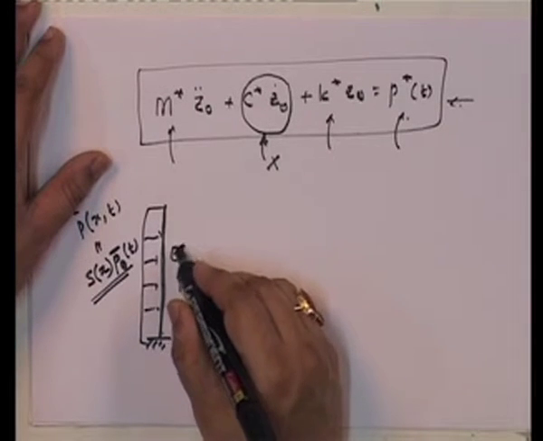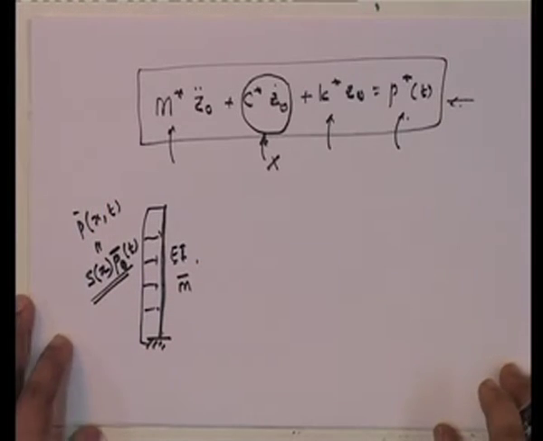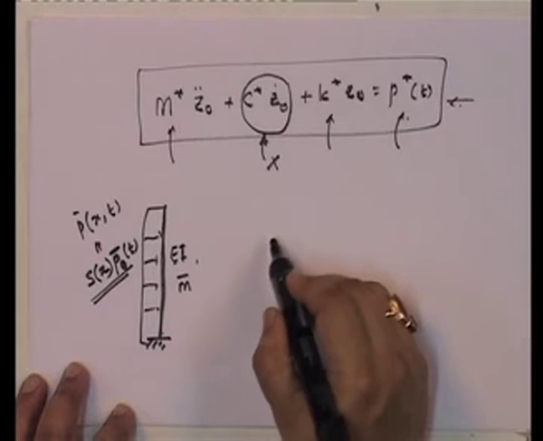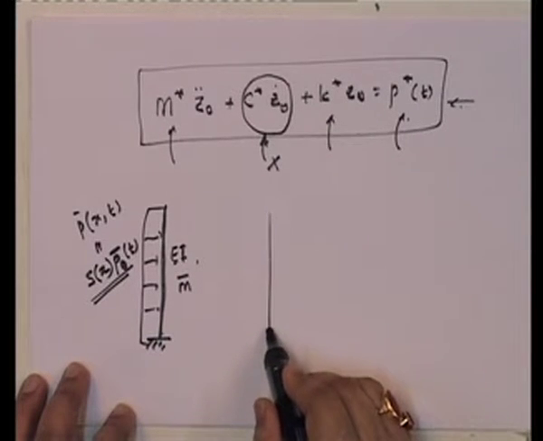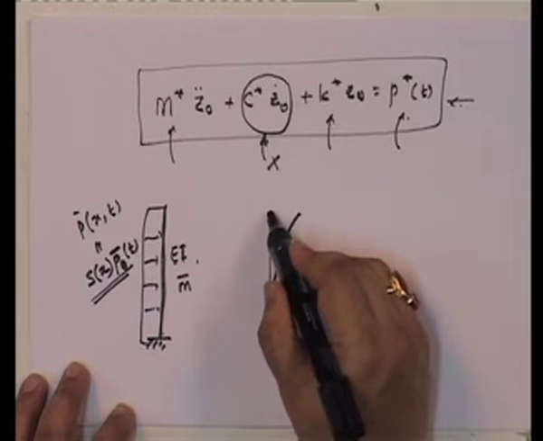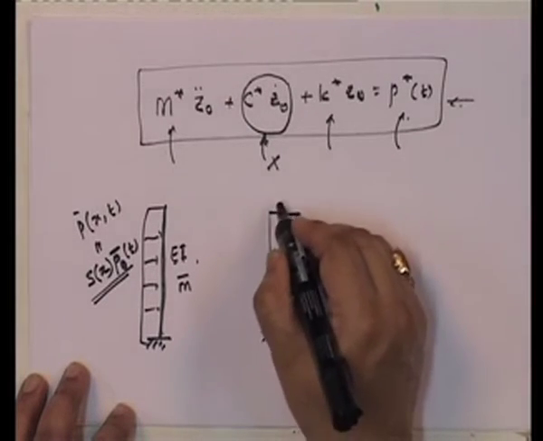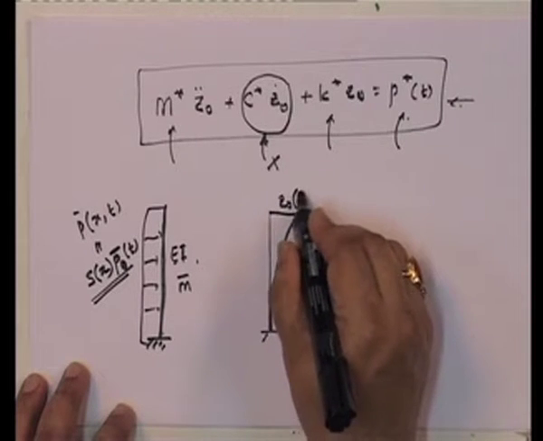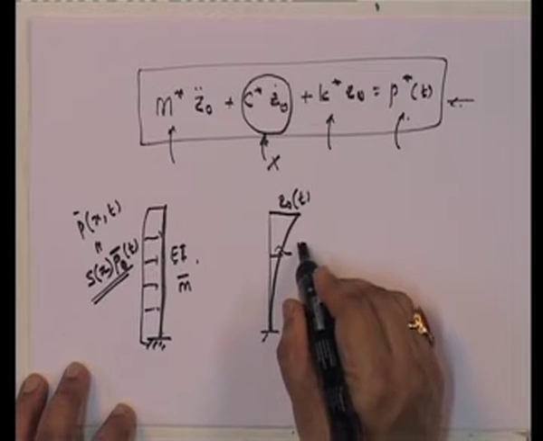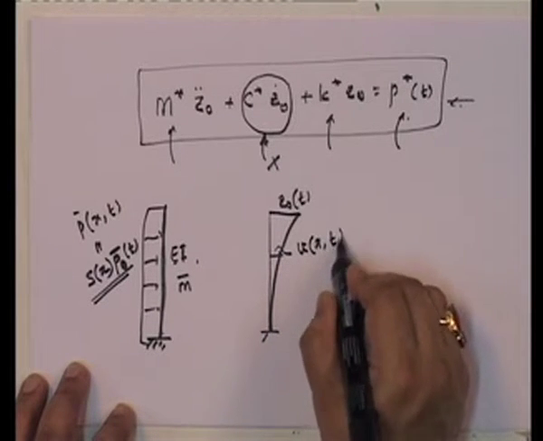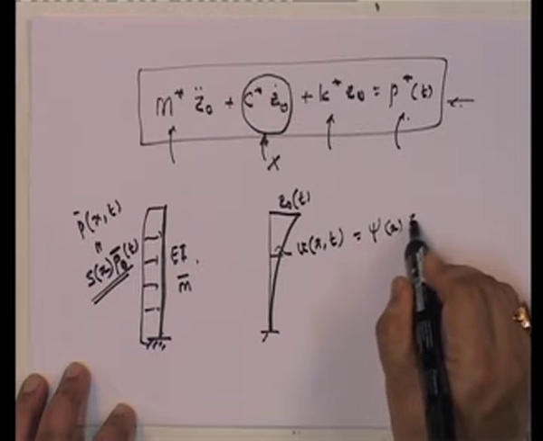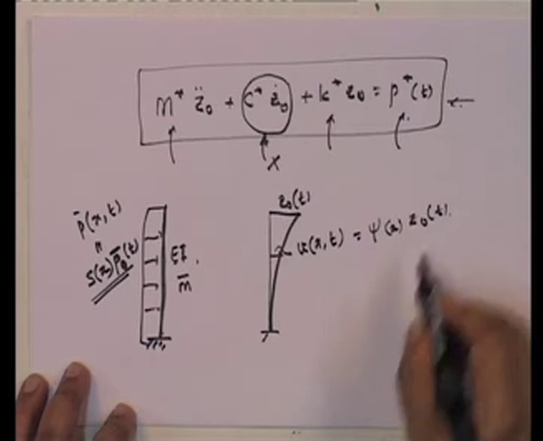So, EI is the thing. Now, how do we solve this problem? Well, let us see. Let me give it a displacement, and the displacement is where this is Z0 t and u x of t is equal to xi x Z0 t.